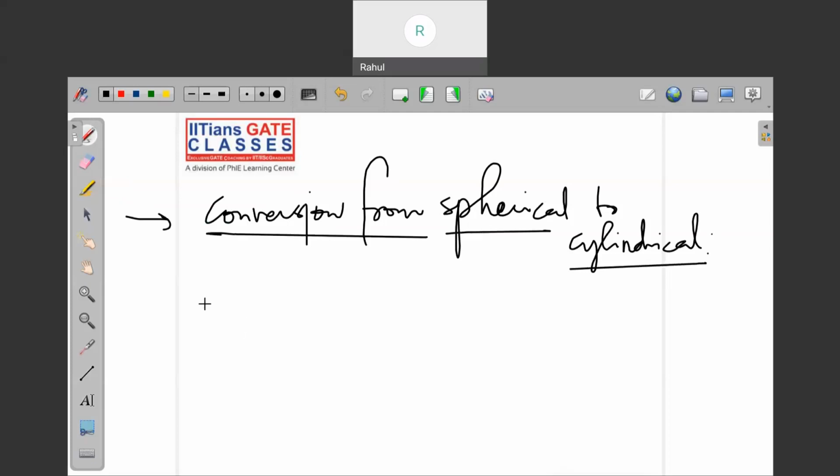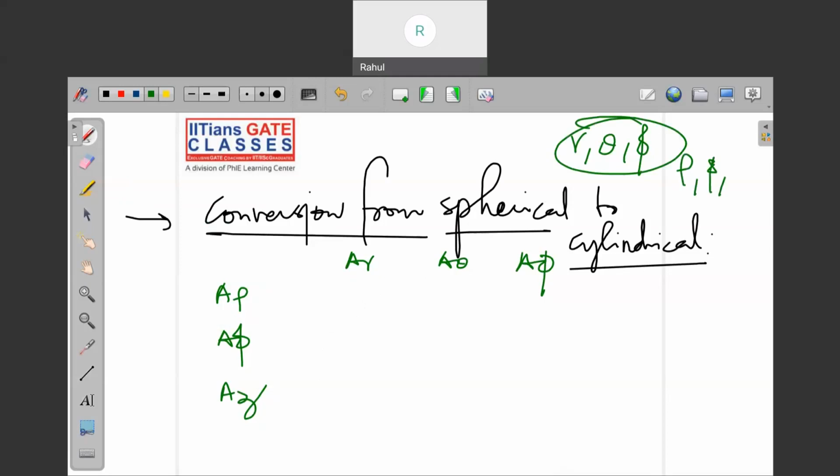If cylindrical components are given and you have to find the spherical coordinate system, again the matrix you need to keep in mind. You can say A rho, A phi, and Az, and here you can write Ar, A theta, A phi. This is a sequence, right? R theta phi, rho phi z, x y z. That is the sequence of the parameters.